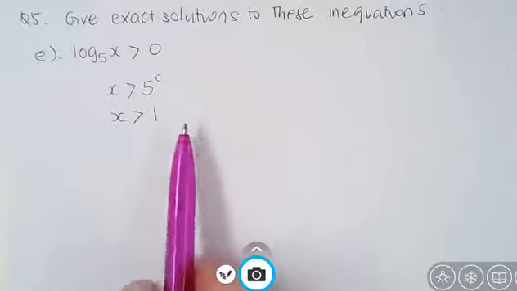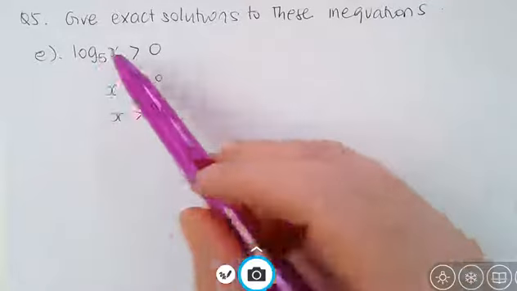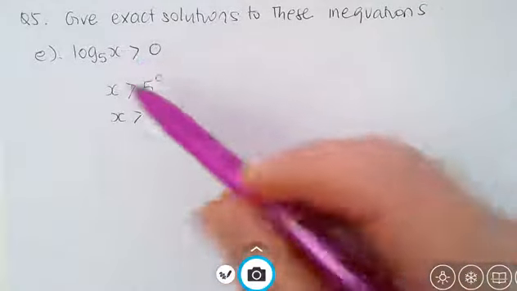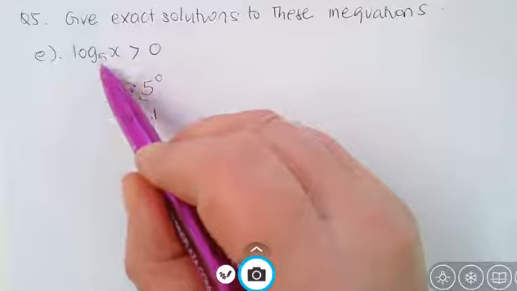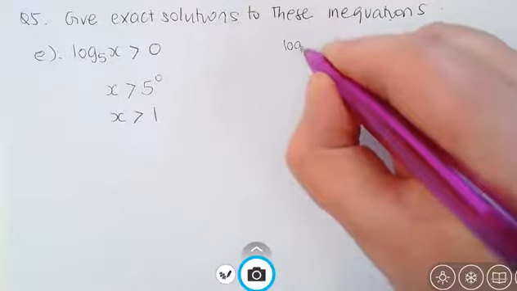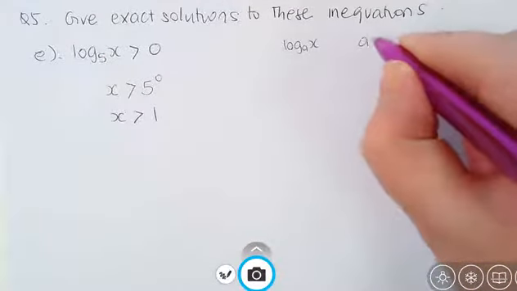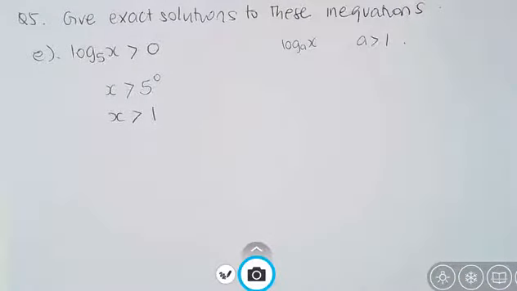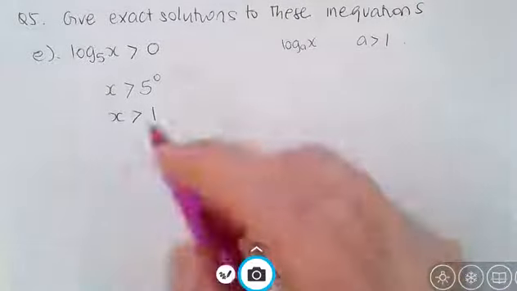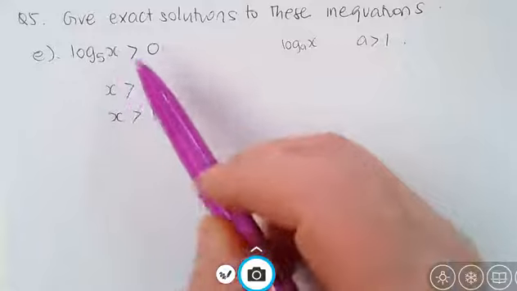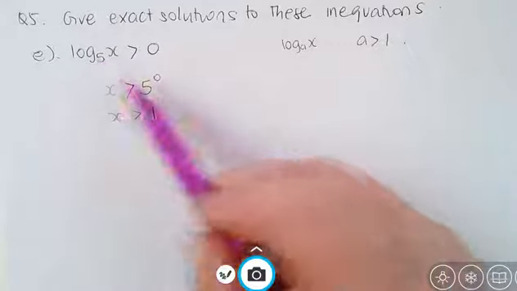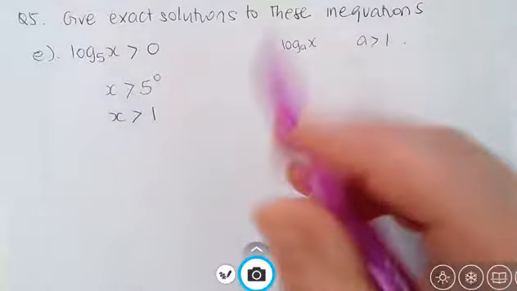Now that is one way to do this question. The reason we're able to do this is that if we've got something in the form of log to the base a of x, as long as the a is greater than 1, then the inequality sign does not need changing. So we're trying to work out what x is. So x is 5, 5 will always be the base, 5 to the power of 0.